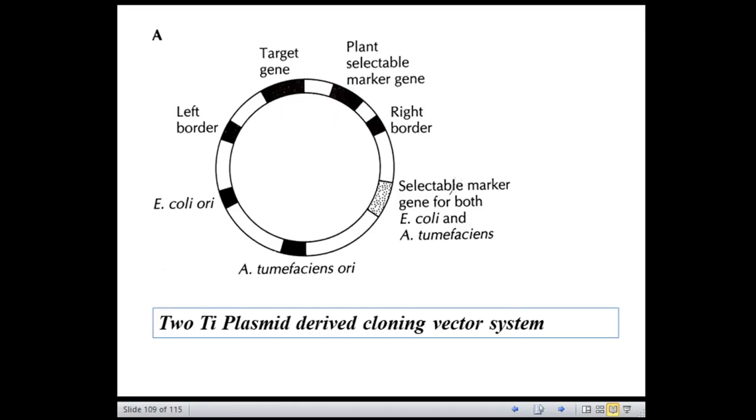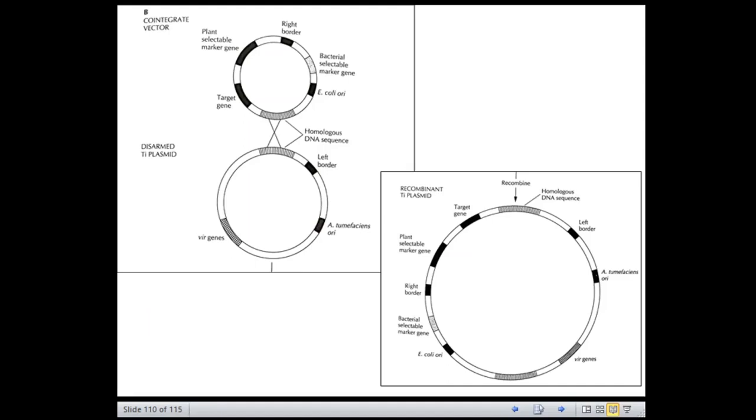Right. This is one approach. We have the second approach. This approach is called the co-integrate vector system approach.